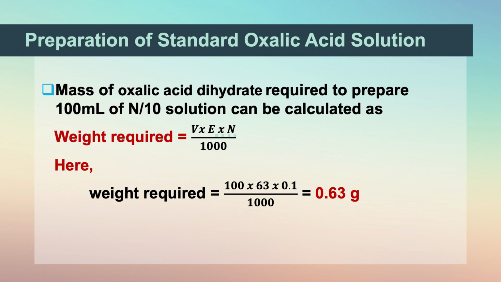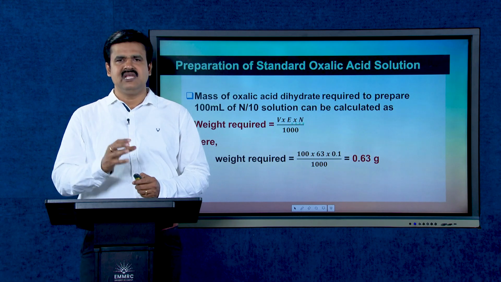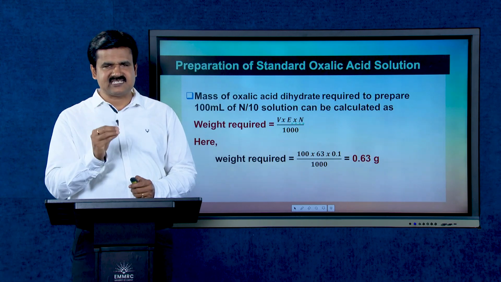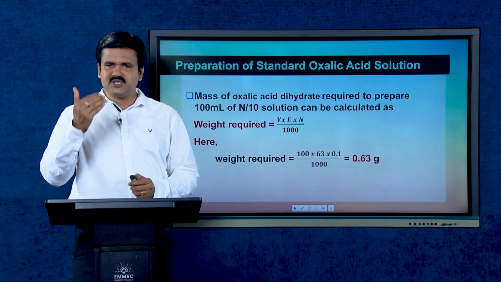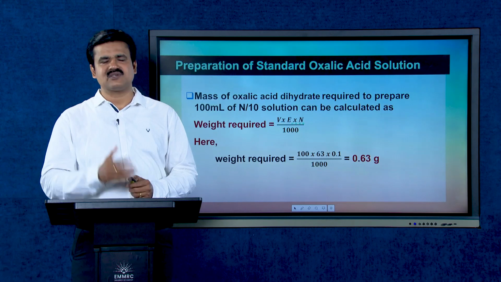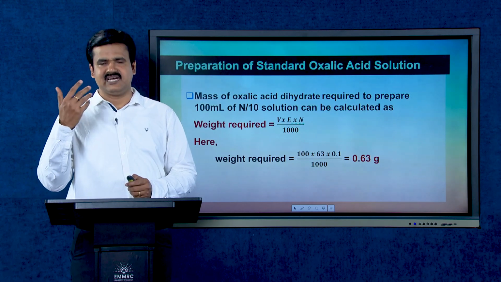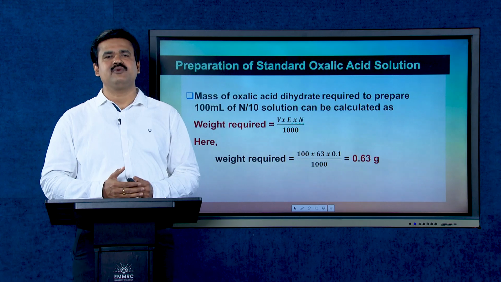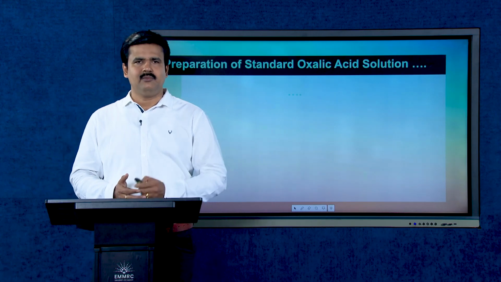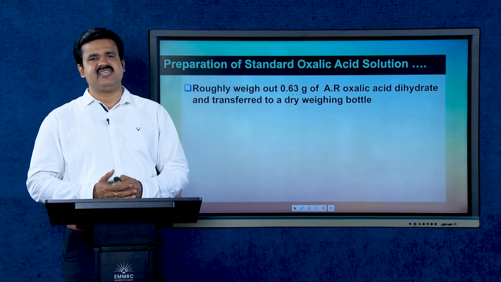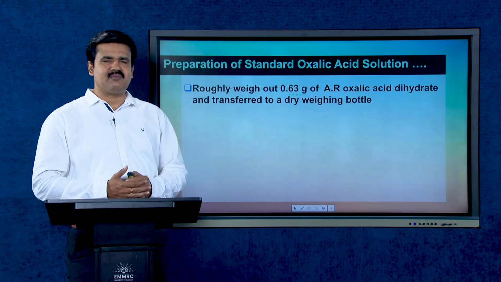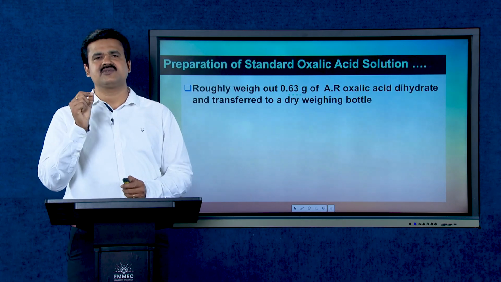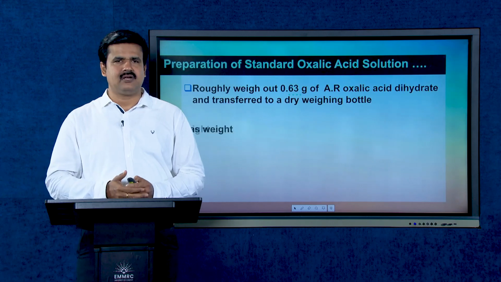equal to 0.63 gram. So, if you are weighing out 0.63 gram of oxalic acid crystals and transferred it into a 100 ml volumetric or standard flask and made up to 100 ml, you will get a solution with the concentration 0.1 normal. Now, roughly weigh out 0.63 gram of AR oxalic acid dihydrate crystals and transfer to a dry weighing bottle.